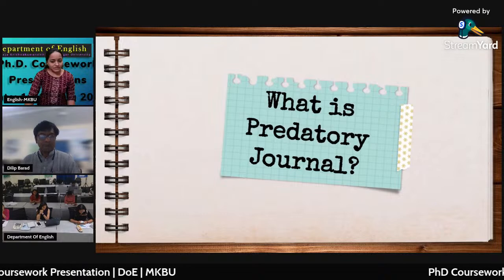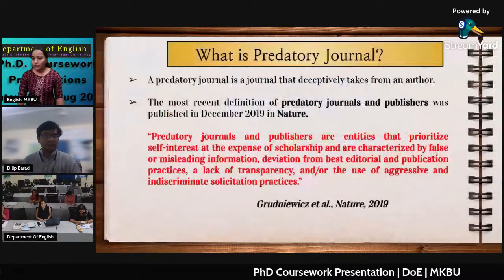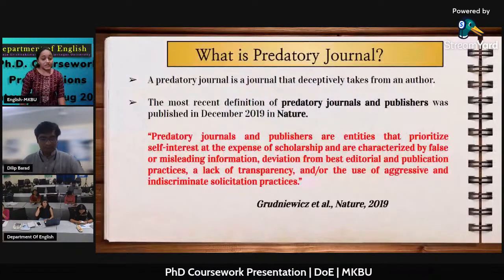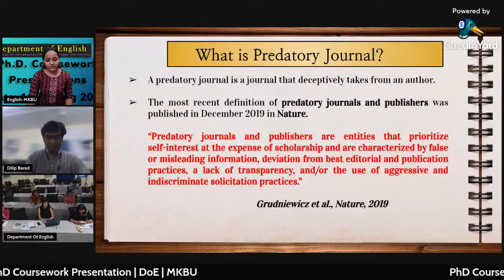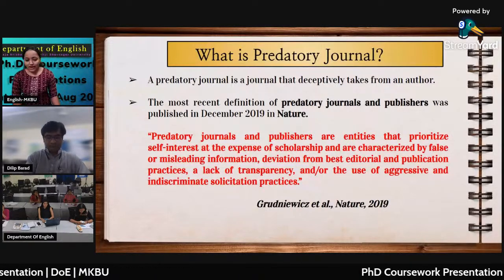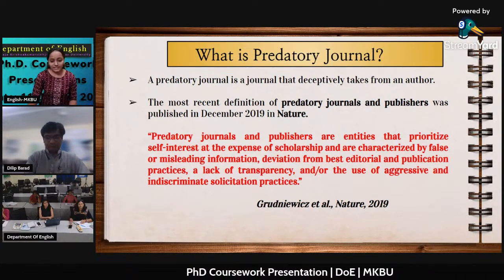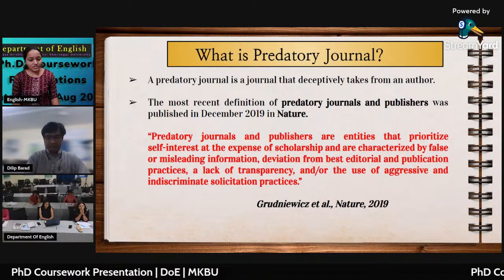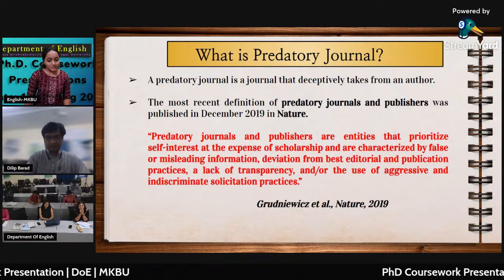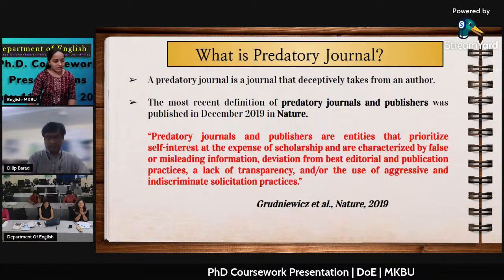What is a predatory journal? In the journal Nature, it is said that predatory journals and publishers are entities that prioritize self-interest at the expense of scholarship and are characterized by false or misleading information, deviation from best editorial and publication practice, a lack of transparency, and or use of aggressive and indiscriminate solicitation practices.